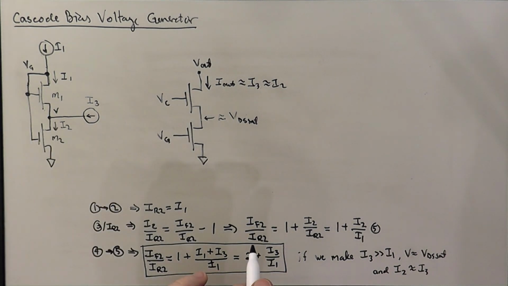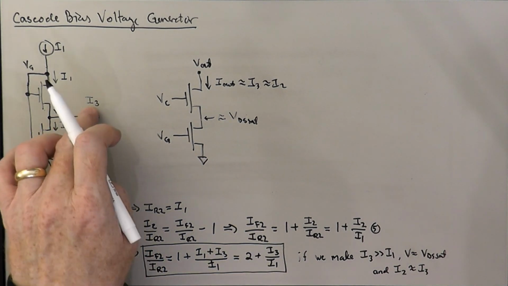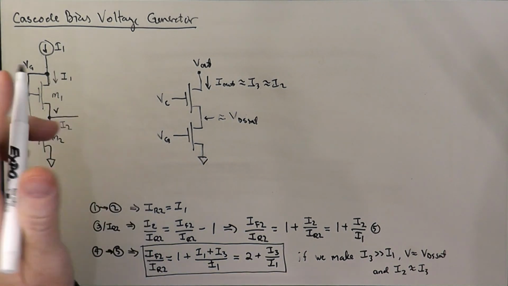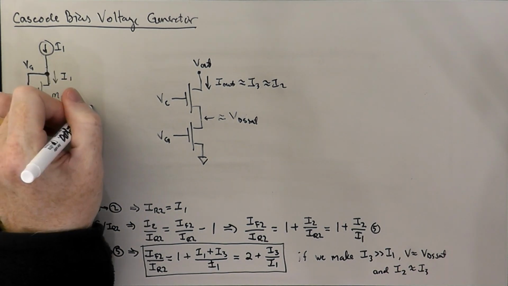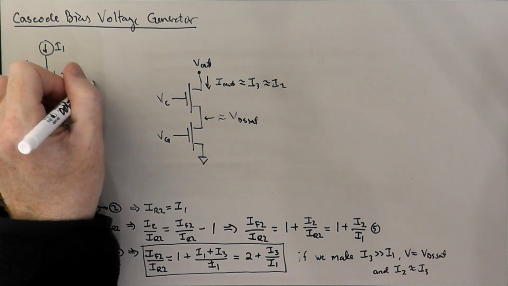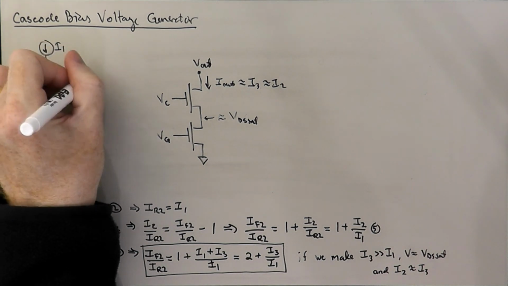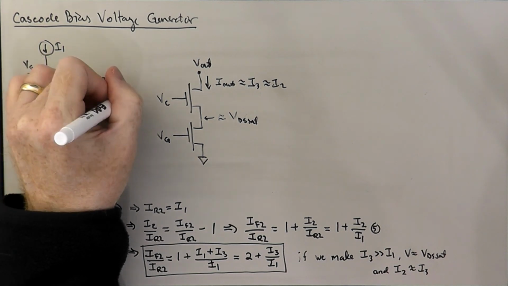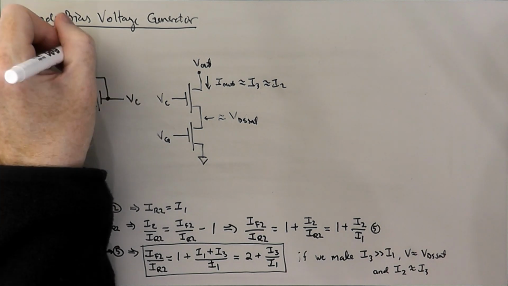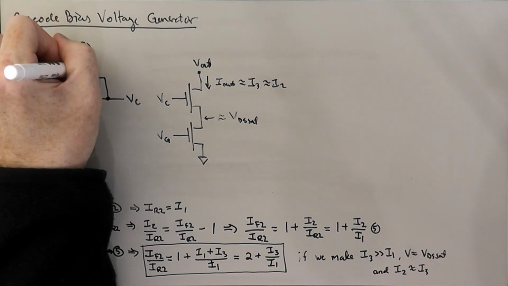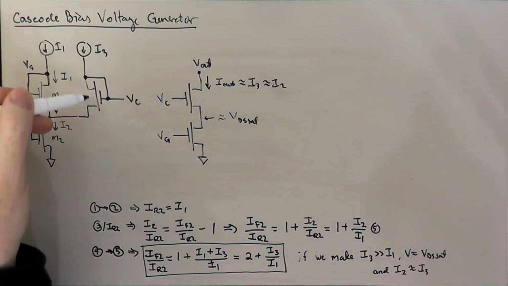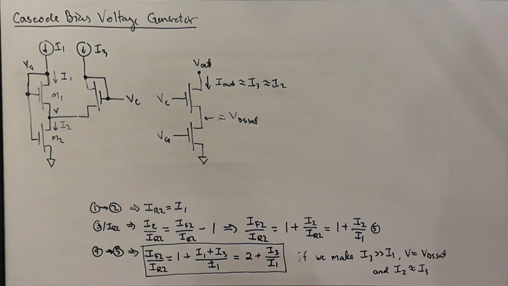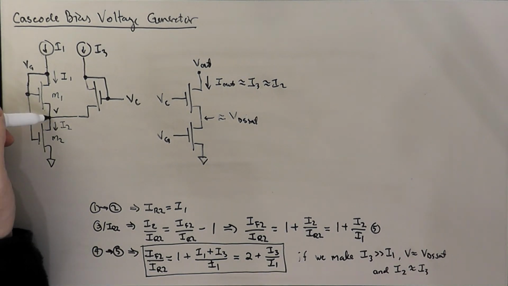Well, we can do that by passing that current through a diode-connected transistor that's sitting on top of this voltage V. So we're still injecting I3 onto this node, so we haven't changed anything about what we said down here. And so V will still be about VDS set.